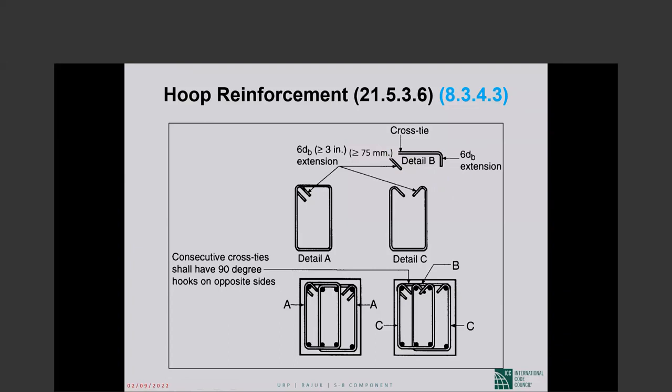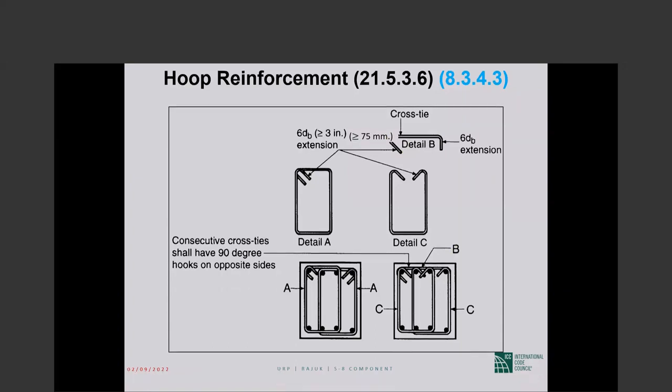We go into that level of detail when it comes to seismic detailing. Okay. Now there are also overlapping hooks that are used. I wouldn't say fairly often, but they're used. Okay. So hoops and overlapping hoops.